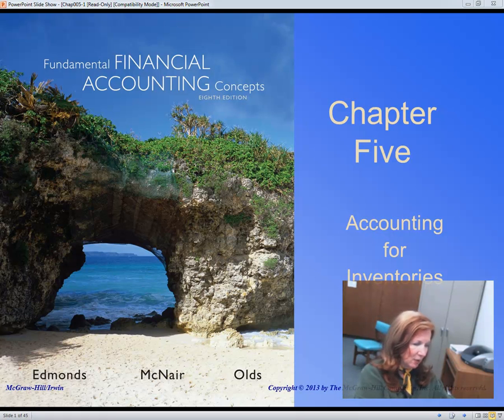So as we look at those effects on an income statement, we can begin to see how you would get a different profit and a different tax expense with each of these assumptions. Then as we look at the effects on the balance sheet at the bottom of page 271, we notice that the ending inventory is different, and so that asset value is going to be different for each one of these assumptions.